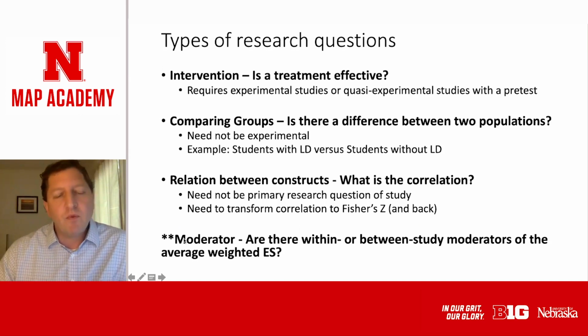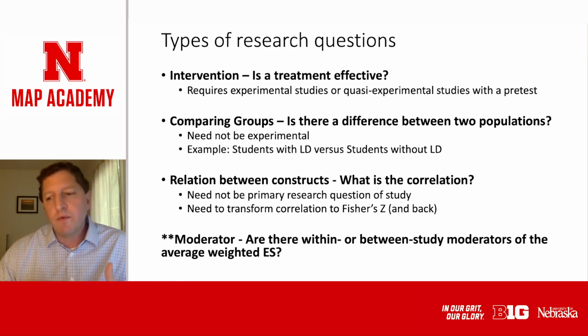All right, but what this does allow for us to do, the types of research question that's slightly different now, is we always could have had a moderator analysis, but now we can look at whether there are within or between study moderators that impact the average weighted effect size.